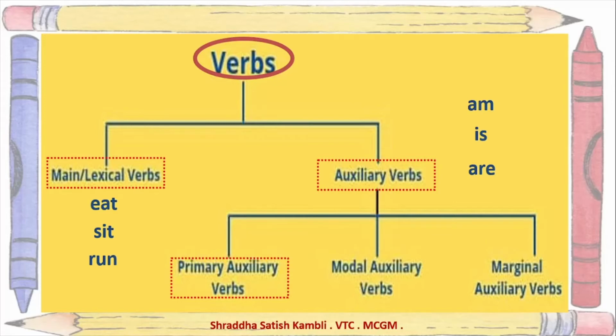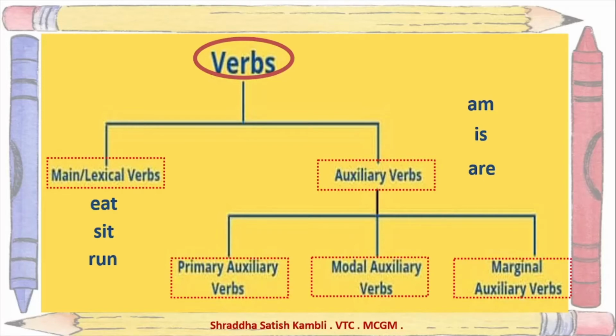Okay, and then you have the modal auxiliary verbs, the ones which we are going to talk about today. All right, and then we also have the marginal auxiliary verbs. Now marginal auxiliary verbs are also called semi-modals. Semi, that is, they are sometimes used in a sentence, sometimes they are not, and they do not share all the properties of the other modal verbs.